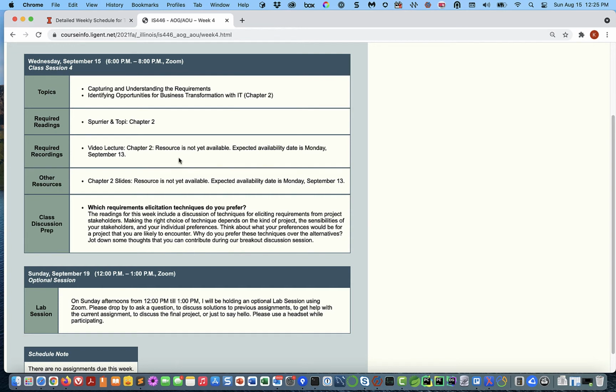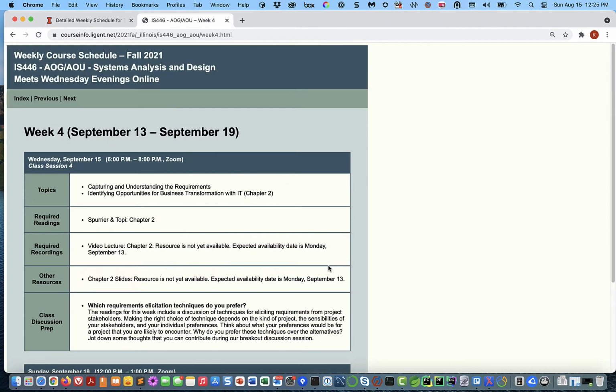I'm going to be doing a lecture, and we're going to have a discussion on the requirement solicitation process and the stuff that has come up in the readings. What do you like? What do you not like? Because you as a systems analyst will be eliciting the requirements, and there are a lot of different ways that you can do it. Okay, so those are the detail weeks that I have.